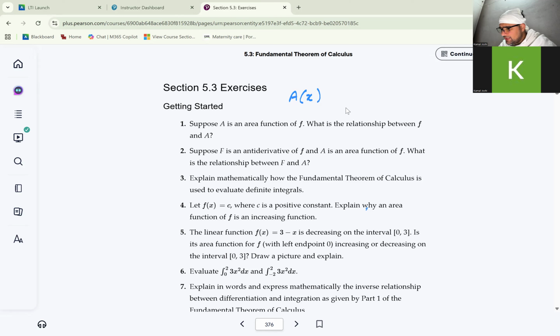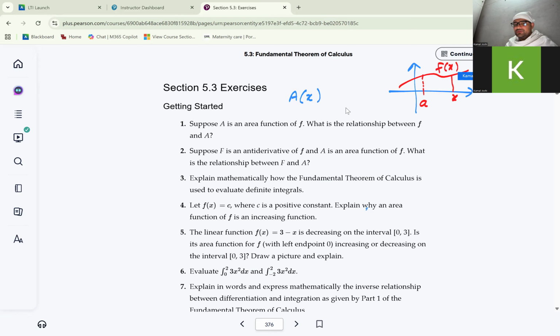To give you full clarity, let me actually also draw the diagram. This is the function, right? And let's say this is the point from where I'll start measuring my initial point. And then let's say this is a variable point x, and that's the graph of the function f of x.